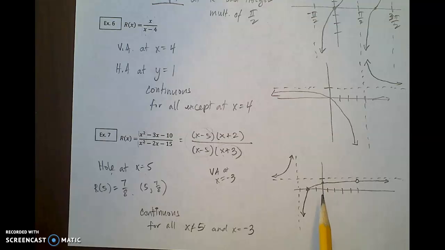Then we locate some points to draw this graph, and there's that hole at (5, 7/8). So we see that this function is continuous throughout the entire domain for all values of x, except when x equals 5, because there's a hole, and x equals -3, because there's a vertical asymptote.